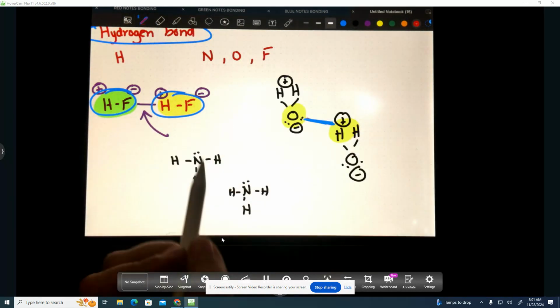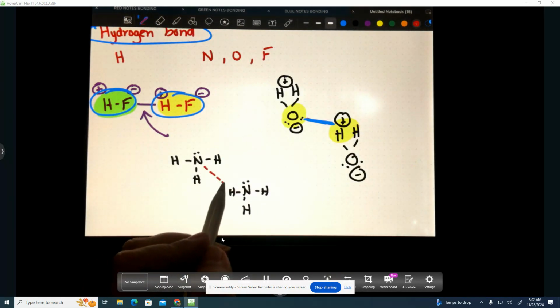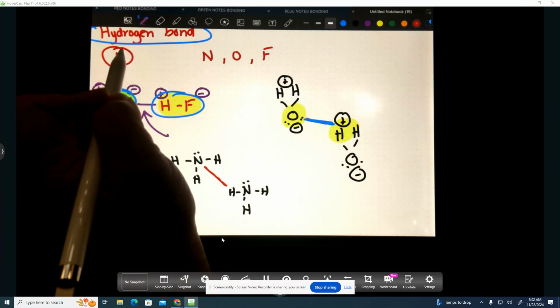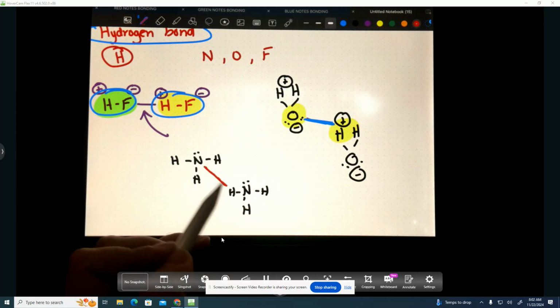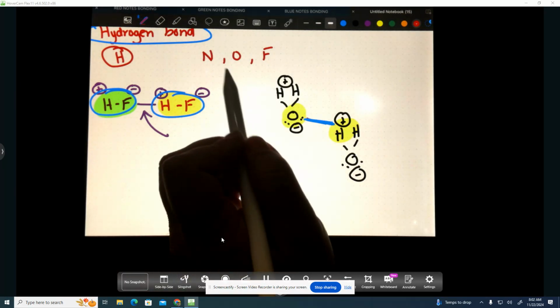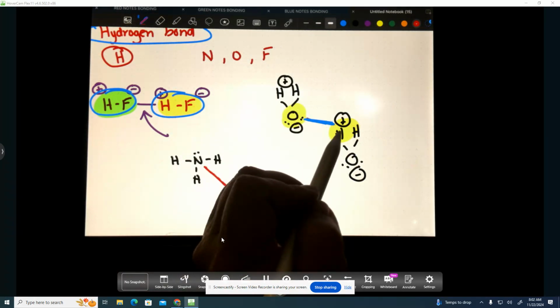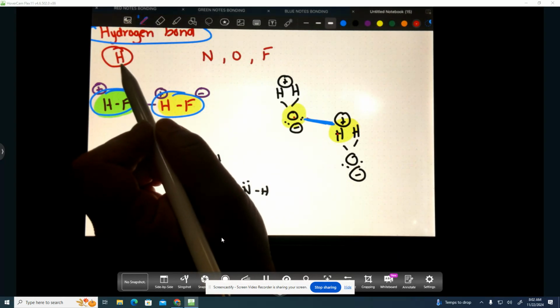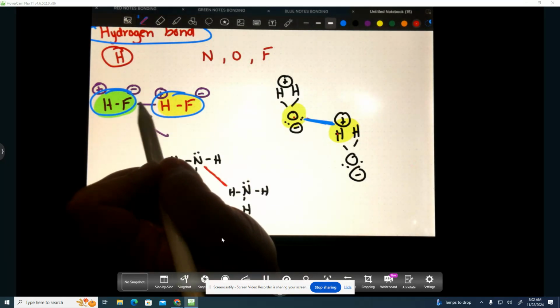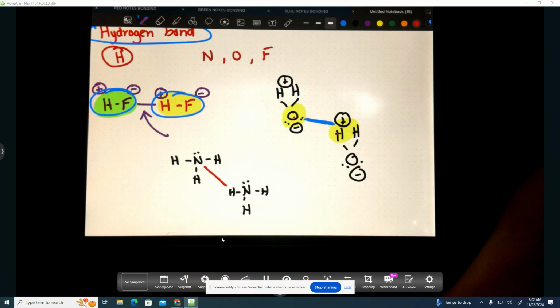Let's do red again. Between the nitrogen and the hydrogen. Right there. That's the hydrogen bond. So hydrogen of one molecule to the nitrogen of the other molecule. Here we have hydrogen to oxygen, and here we have hydrogen to fluorine. Those are your three hydrogen bonds.